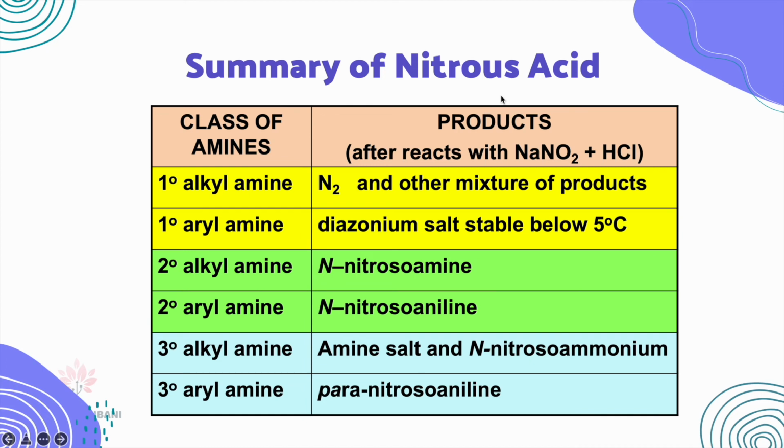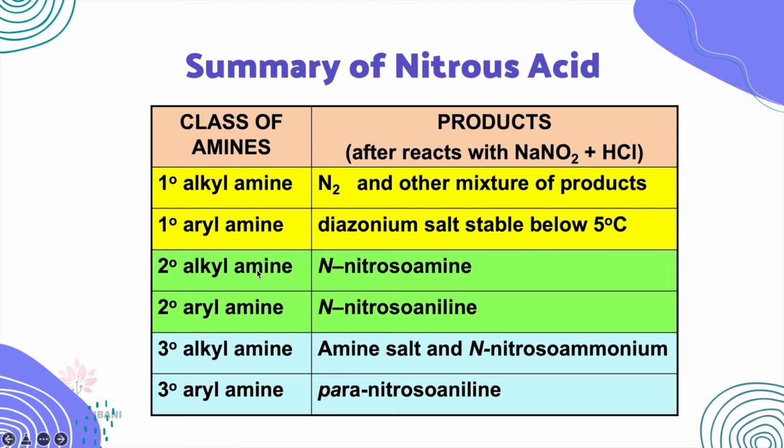Summary of nitrous acid. Primary aliphatic amine gives nitrogen and a mixture of products: alkene, alcohol and alkyl halide. For primary aromatic amine, the diazonium salt is stable below 5 degrees Celsius.